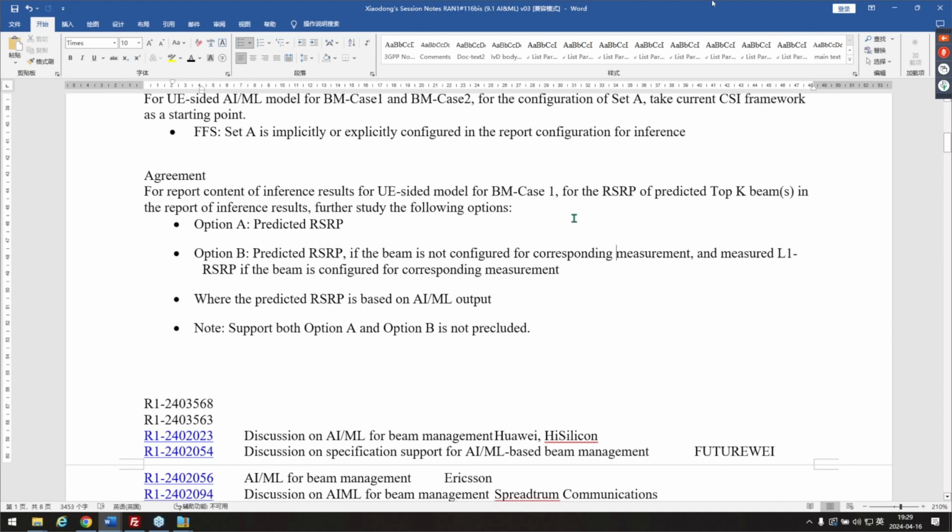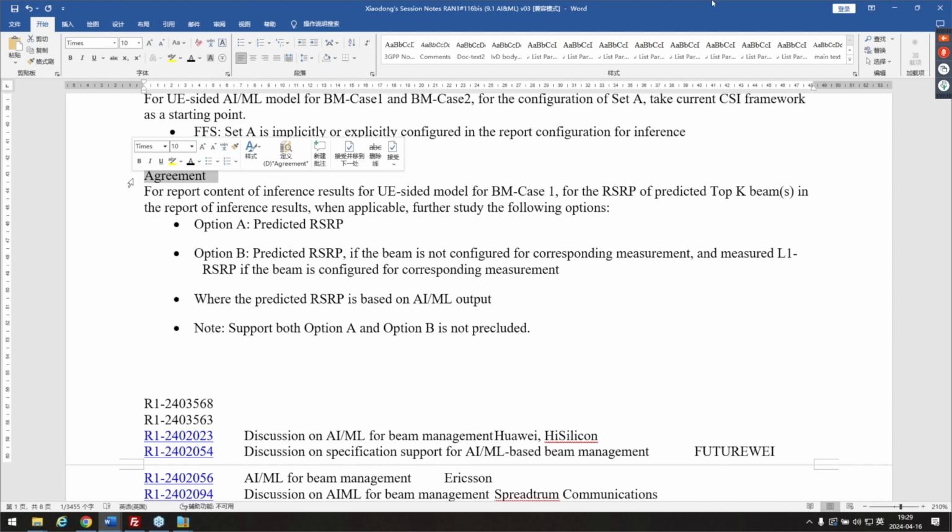Just add "when applicable" after "inference results", before "further study". That's it. Done.